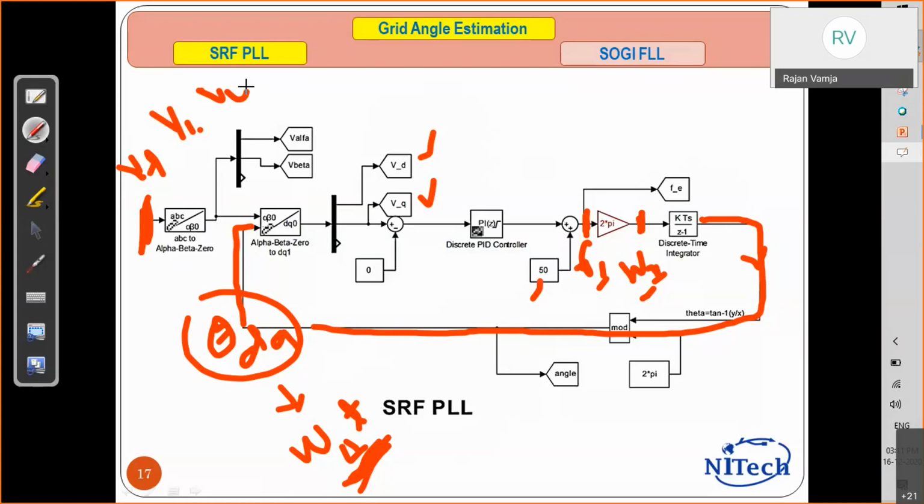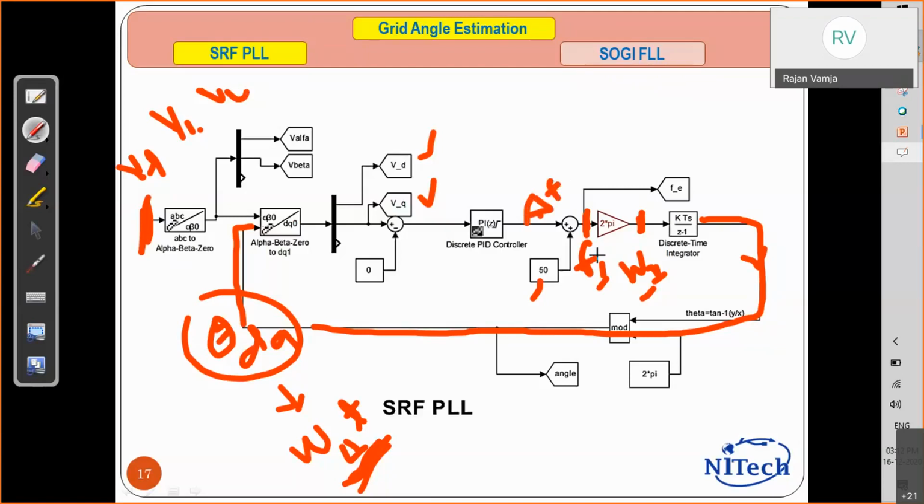So you can see that this VA, VB, VC is containing some frequency, 50 hertz. So I'm giving just feedback of 50 hertz, and I'm giving a PI controller to adjust some delta F. So whatever variation in input frequency will be there, that you adjust. So here up to this, we reach F1.